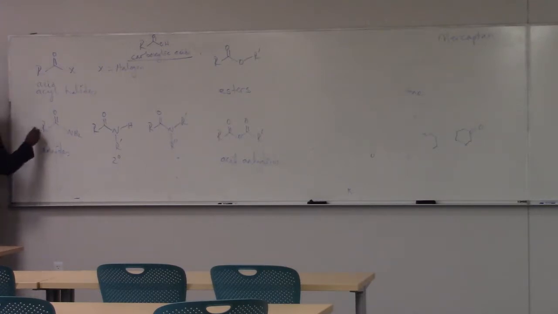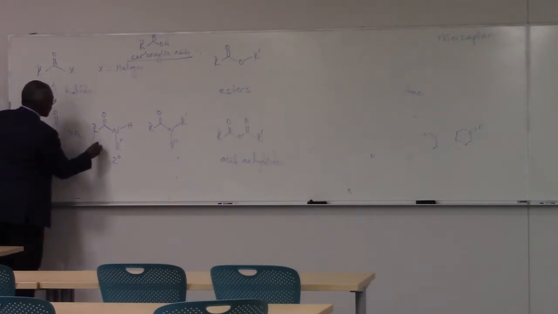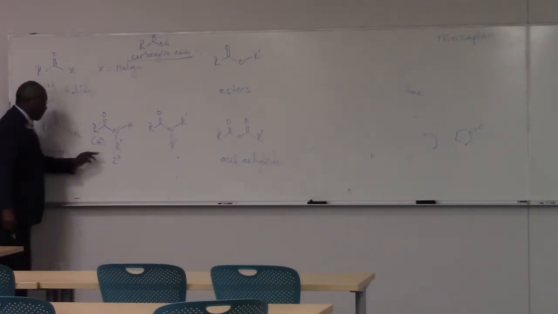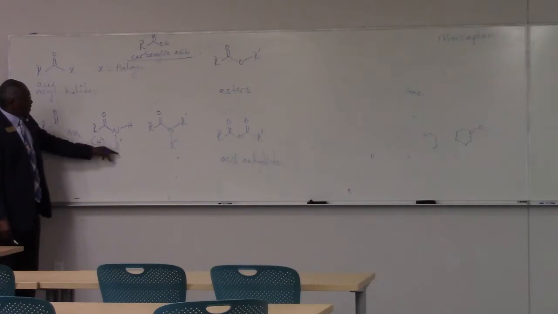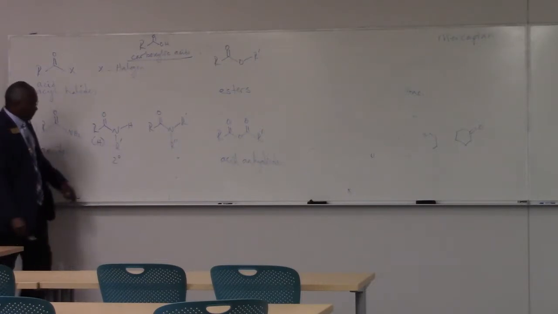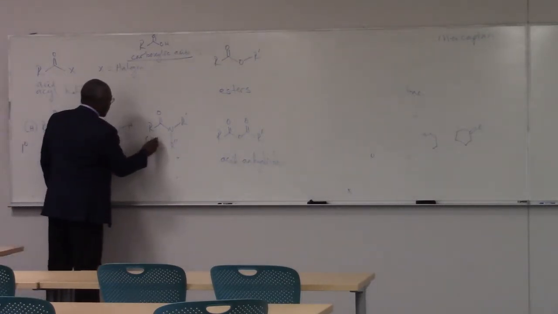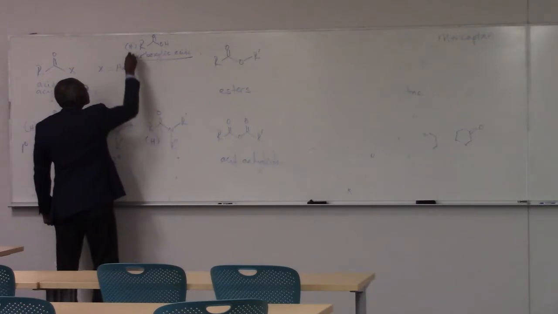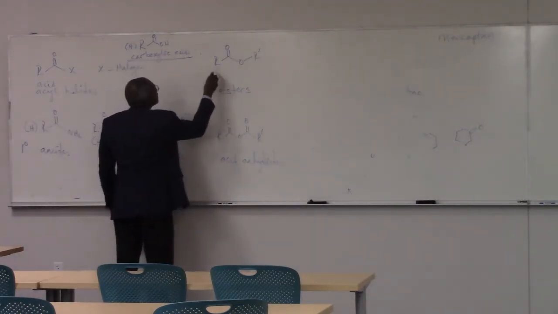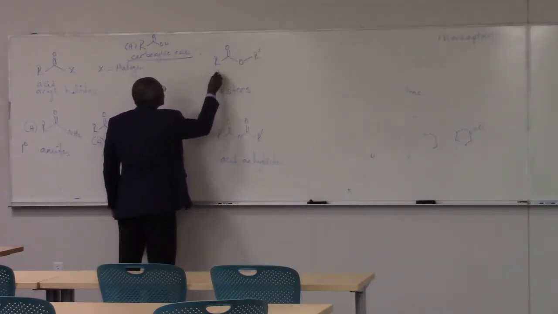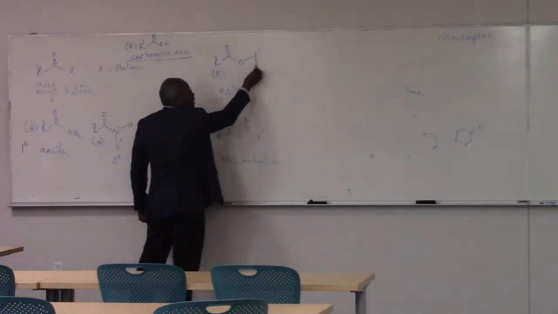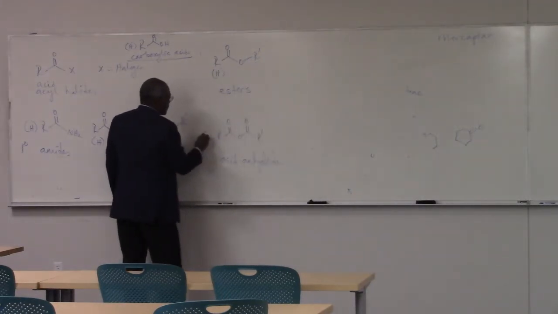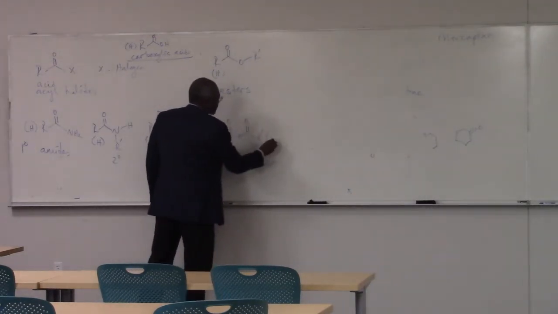With amides, this could be R or H. Same thing here, R or H. But if I'm going to do secondary, then this has to be a carbon container. This can be R or H. With carboxylic acids, this can be R or H. With esters, this is interesting, this can be R or H, this has to be R, and then this can be R or H.